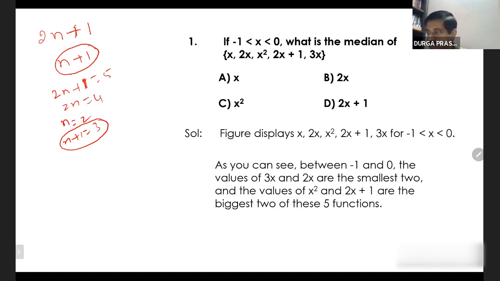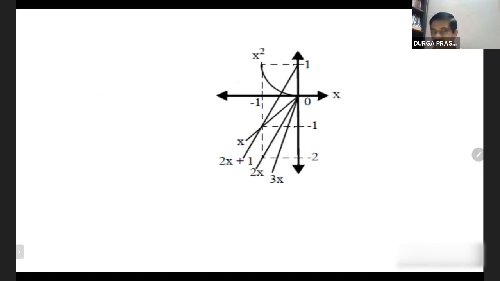We should arrange them in increasing order, I said. When you arrange them in increasing order, you look at the graph and understand this. So smallest, then next smallest, then third, then fourth, and the highest of all. This is how the arrangement goes.